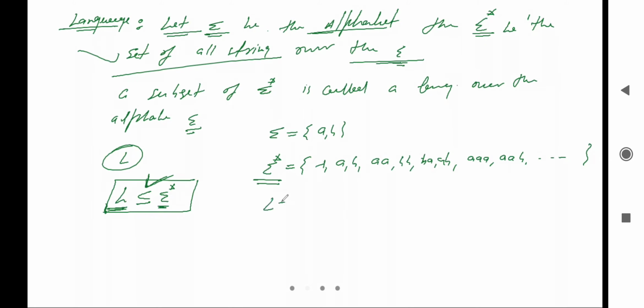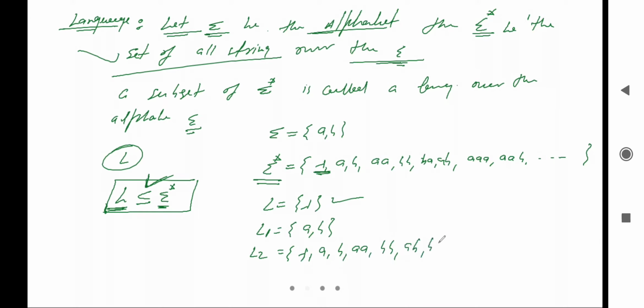As we have seen in the definition that a language is a subset of sigma star, here we can say language equal to null. Yes, null is a language because it is a subset of sigma star. After that language L1 we can say a comma b, this is also a language. After that L2 we can say null, a, b, abb, ab, ba, this is also a language, right?